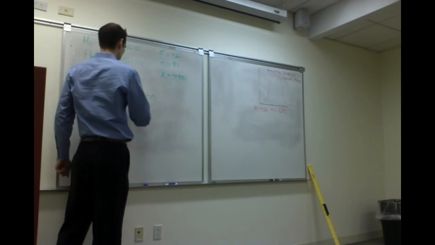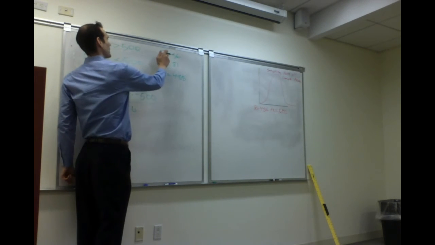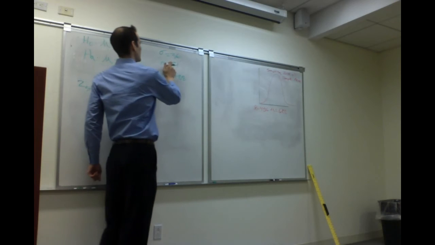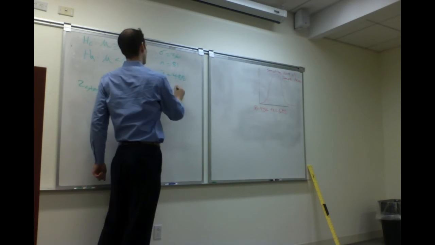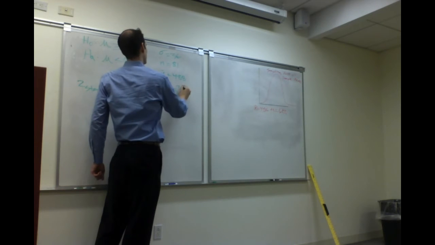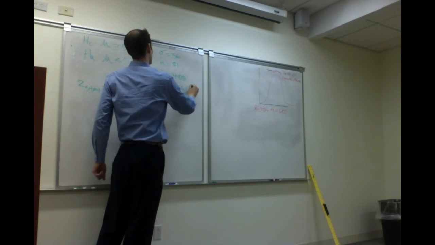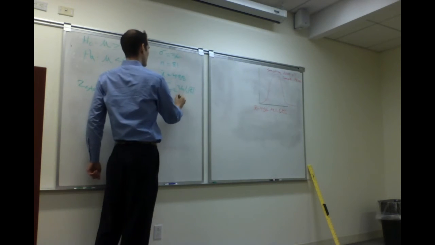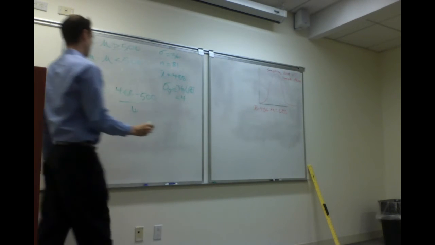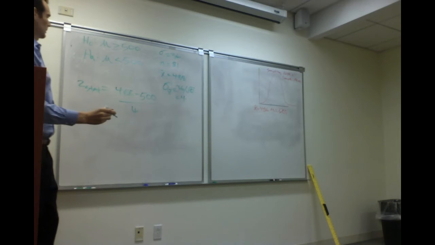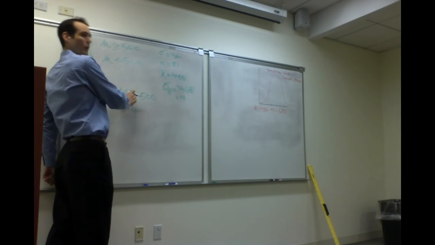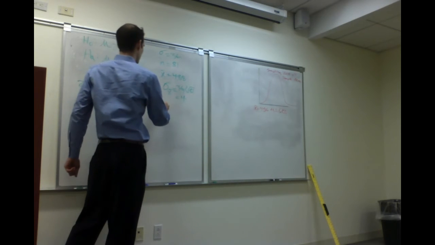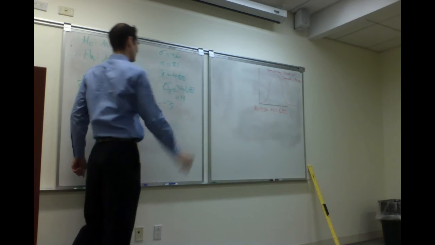Because we know the standard deviation is 36, the sample size is 81, so the standard deviation of the sampling distribution of the sample mean equals 36 divided by the square root of 81, which equals 36 divided by 9, which equals 4. We can do it in our head. So this is negative 12 divided by 4, which is negative 3.